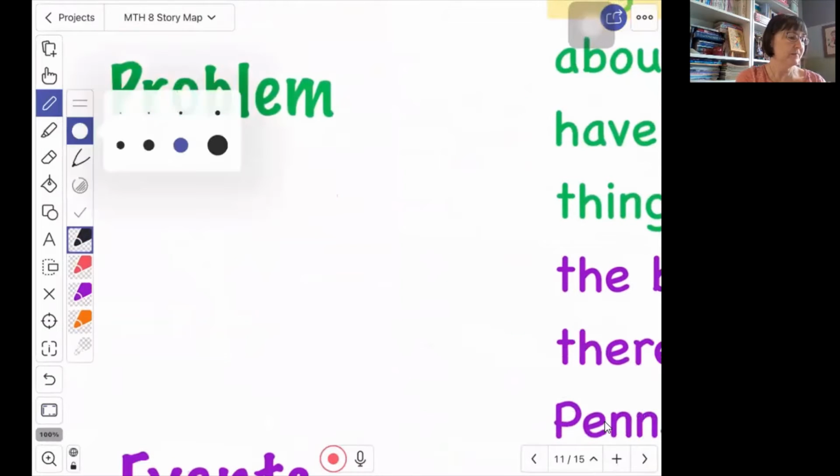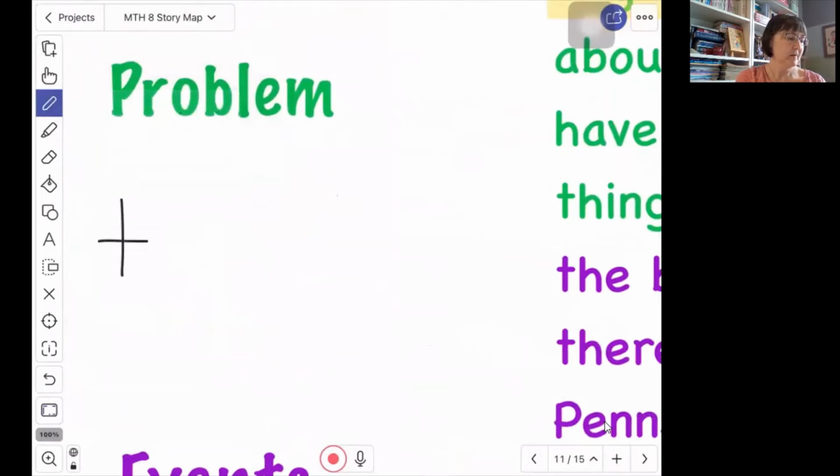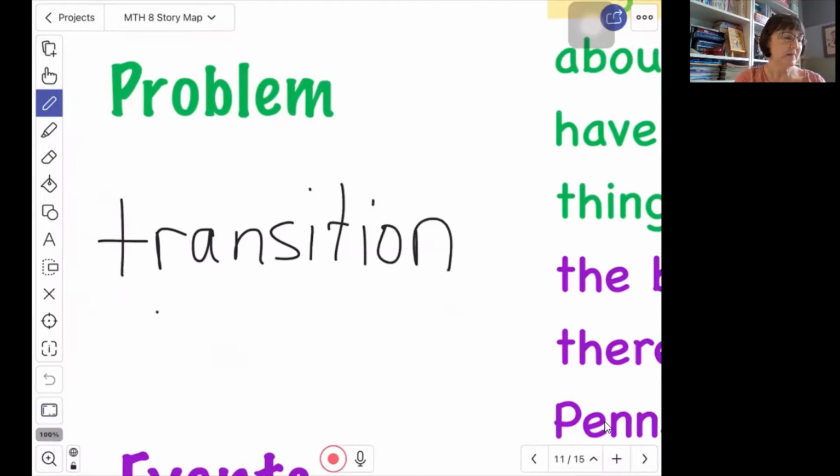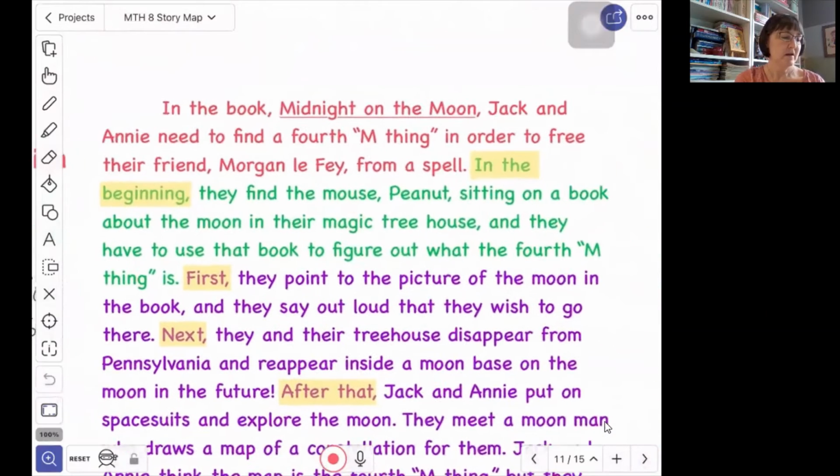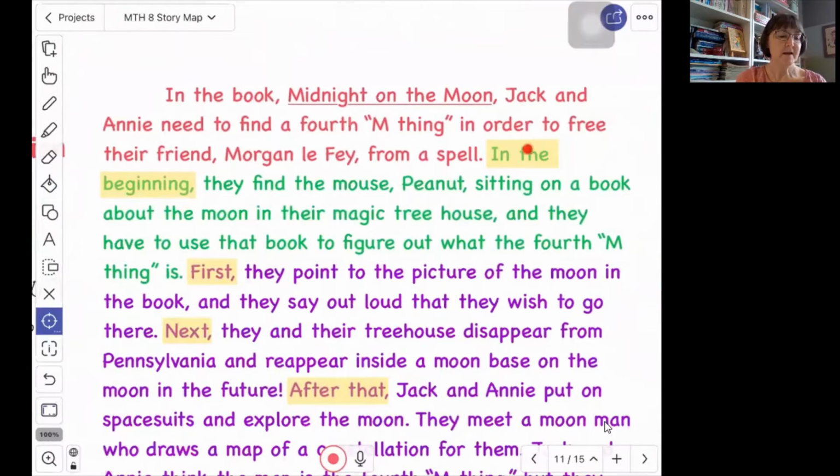Transition words are words that help us change from one thing to something else. So here, in the beginning, this is letting the reader know that we are changing from the introduction of the story to letting the reader know what happens in the beginning.